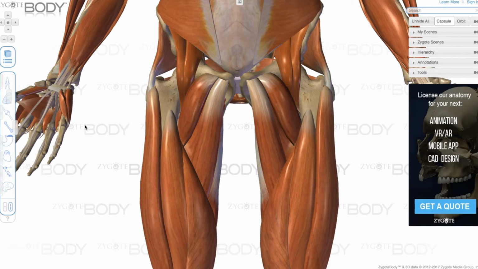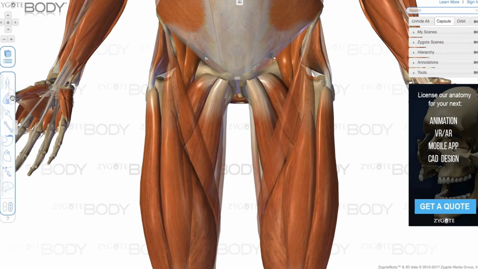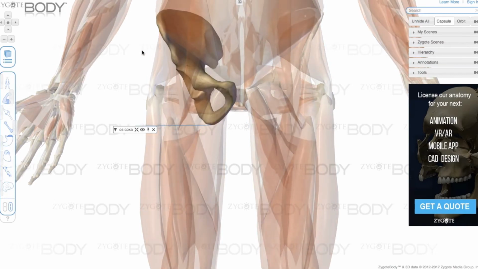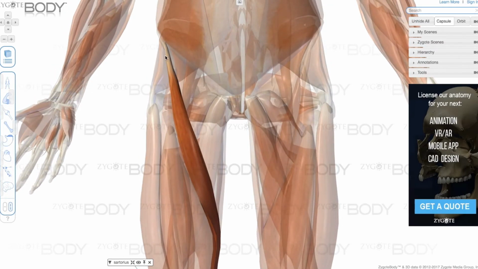The next few muscles are coming in to help your hip flexor, because you can see that the muscles are on your hip. This is where the muscle originates.